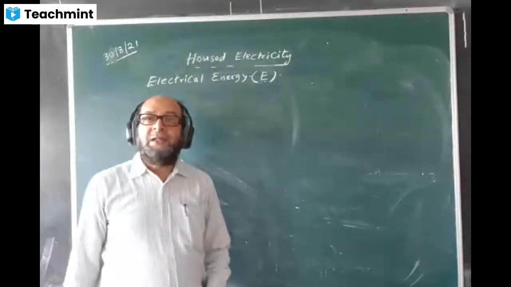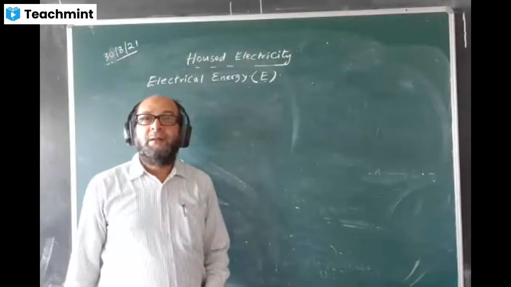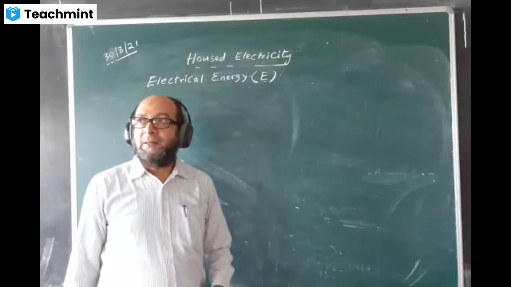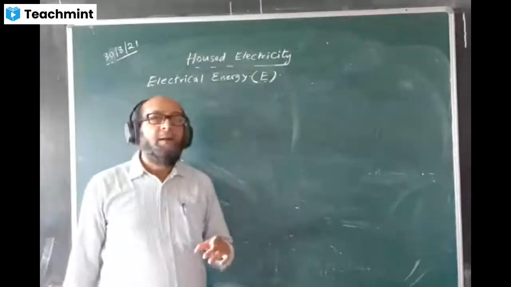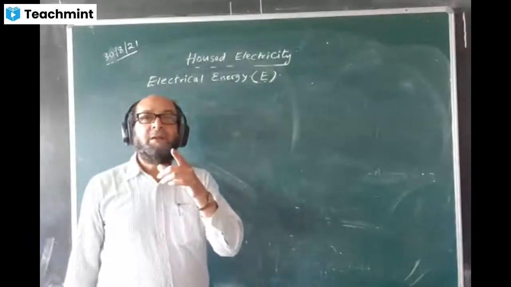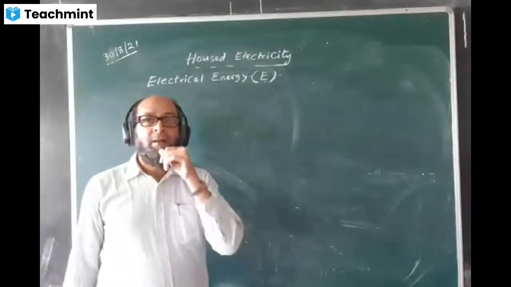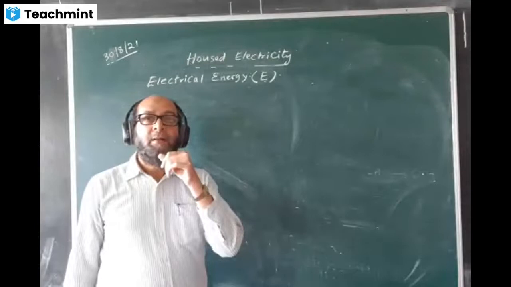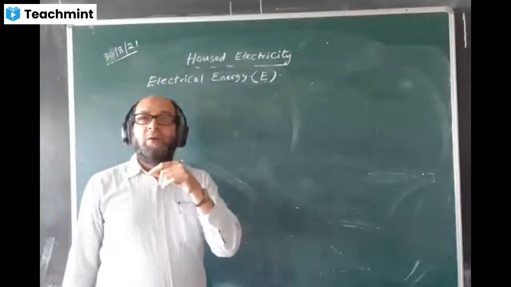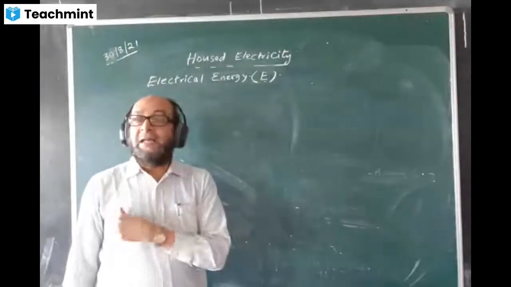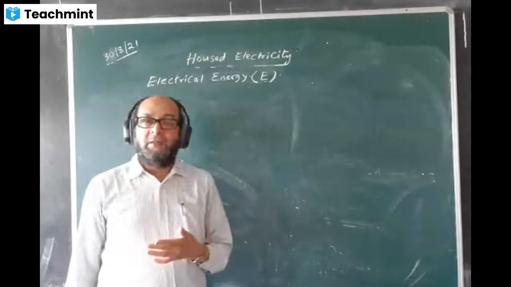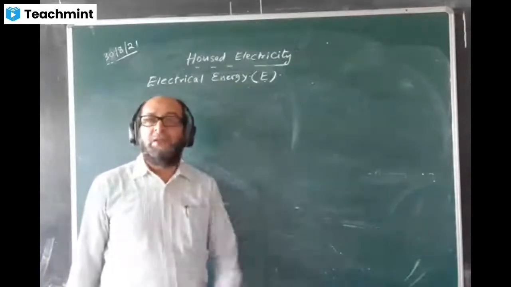Why is it the most desirable form of energy? The reason is because it can be converted into any energy. Electrical energy can easily be converted into other forms of energy.